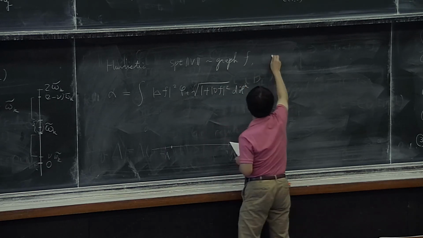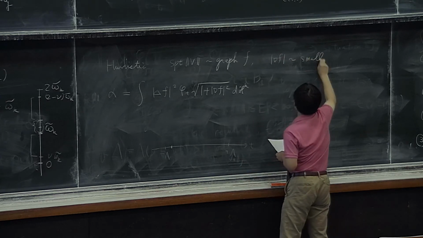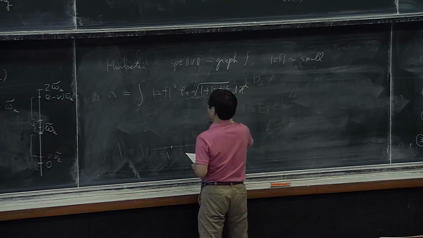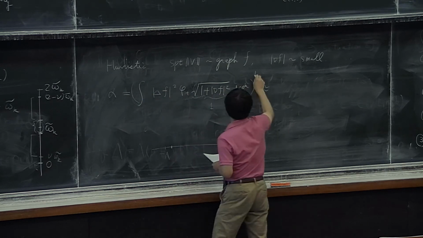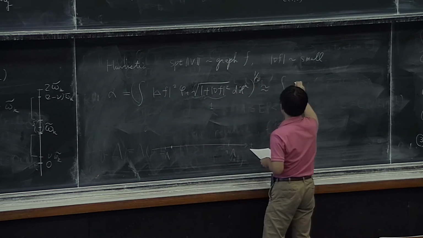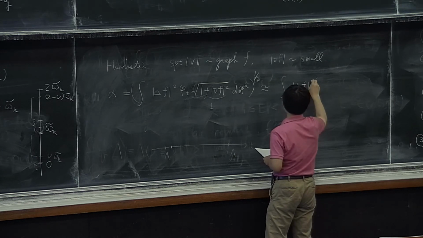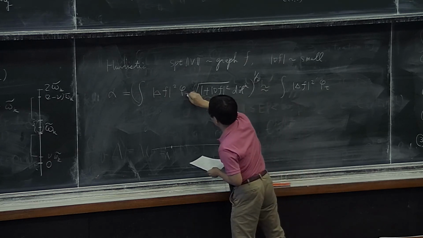But assume that the number u is small, then you can think of this as 1. So alpha is really like the delta f squared times phi t, not squared.